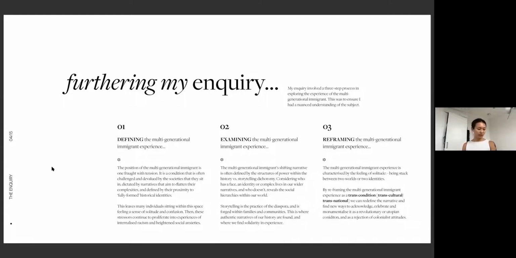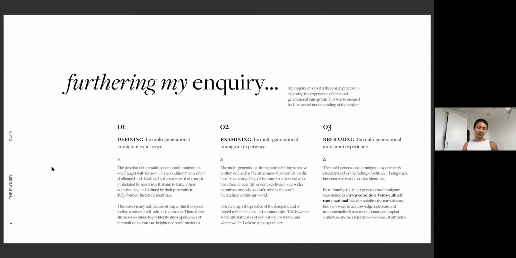Often these experiences were pigeonholed into harmful stereotypes and almost blame, shame kind of categories. As I continued my research, I found that there was no real or authentic history that I could find.